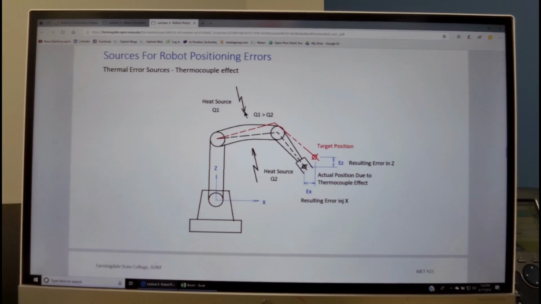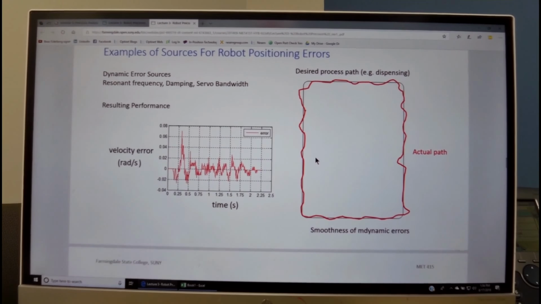If there is a heat source on one end and another heat source on the other end, if they are not equal to each other, such as sunshine hitting the top end, then the top surface may expand further than the bottom surface, and that will cause a thermocouple effect, which in turn will cause the end of arm tool to be dislocated in this position instead of the target position. We look here at dynamic errors.